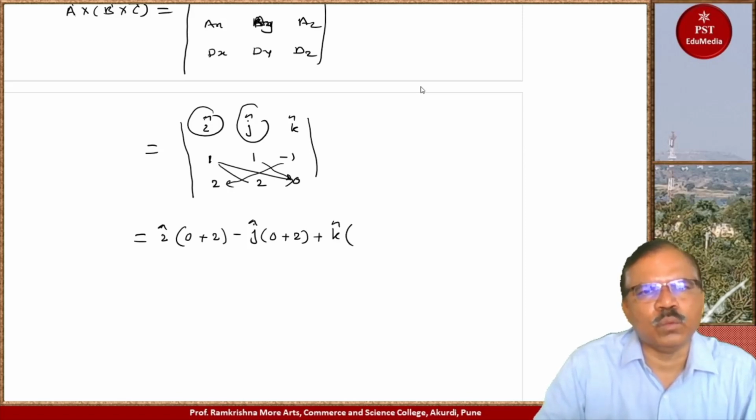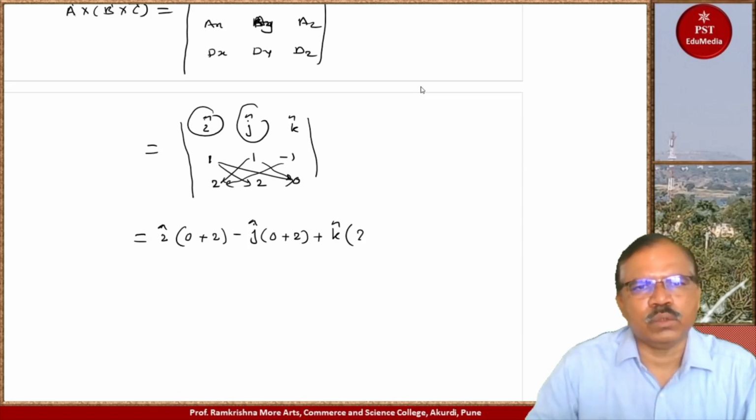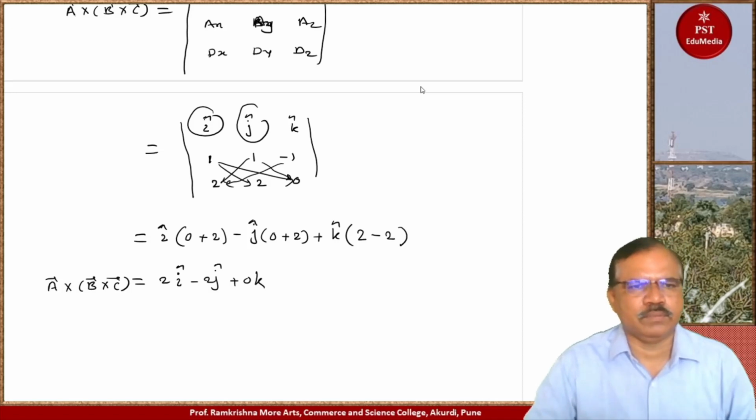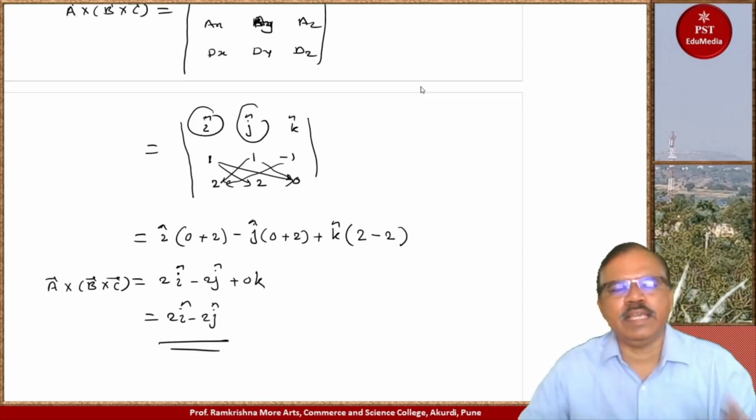Now 1 into 2 minus 2 into 1. So 1 into 2, that is 2, minus 1 into 2, that is 2, so 0. So we'll get here 2i minus 2j plus 0k. So we got this. This is A cross B cross C. So it is 2i minus 2j.